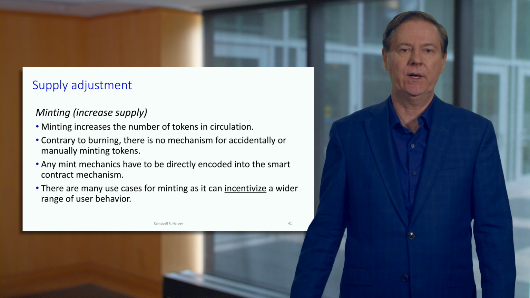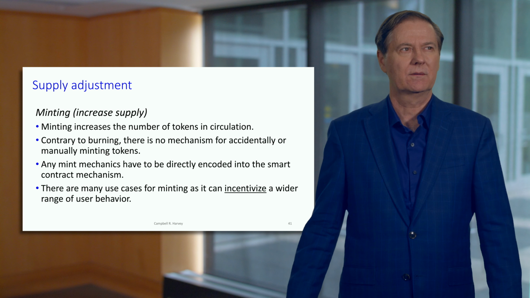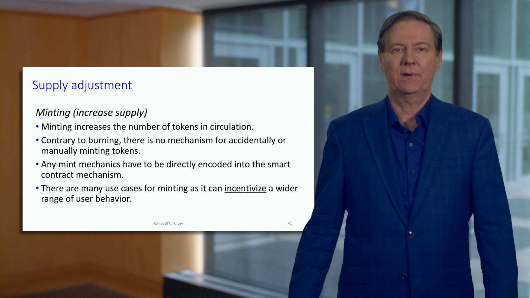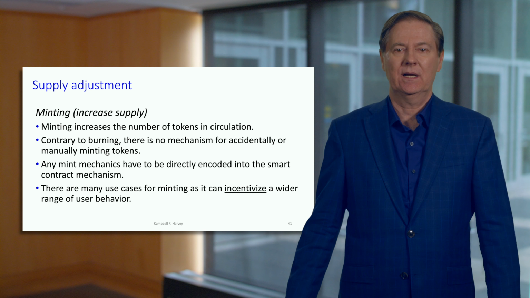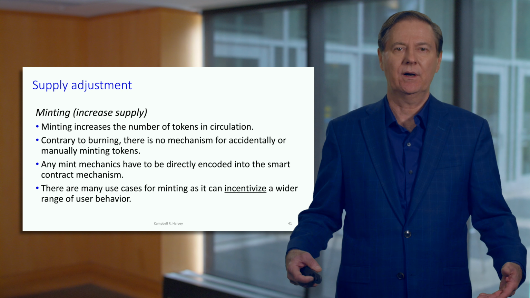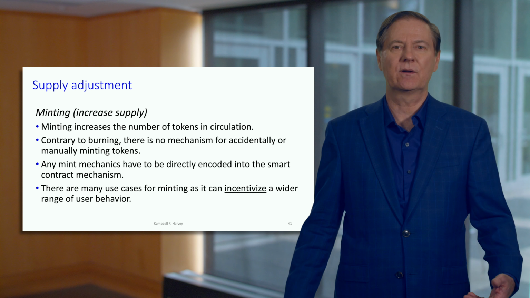Minting is different than burning in that there's no right way to think about accidentally minting. You can accidentally burn by sending to the wrong address, but this is just not possible to do with minting. The minting would be part of the actual smart contract, so you'd be able to see the rules.